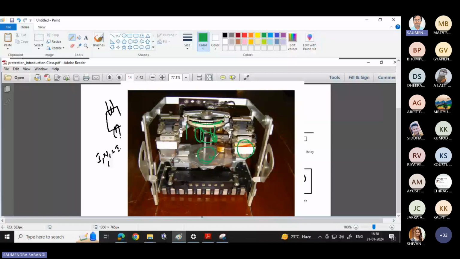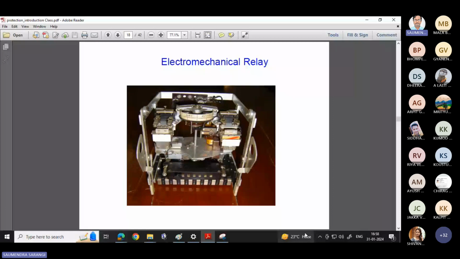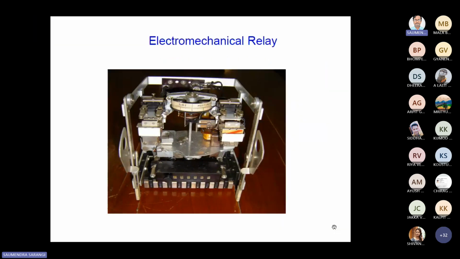So we can also control the time of operation by selecting the dials. If the dial is selected as 0.1, then it will operate in less time. If it is 1, then it will operate in more time, right? So this part is nothing but called the time setting multiplier.